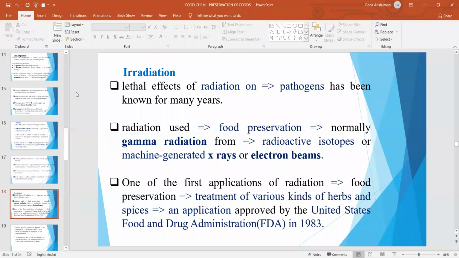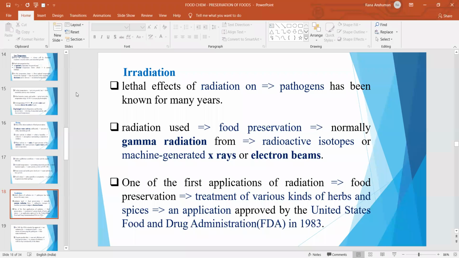Next method is irradiation. The lethal effects of radiation on different pathogens have been known for many years. Radiation is used for food preservation. For this, normally gamma radiation from radioactive isotopes or machine-generated X-rays or electron beams are used.